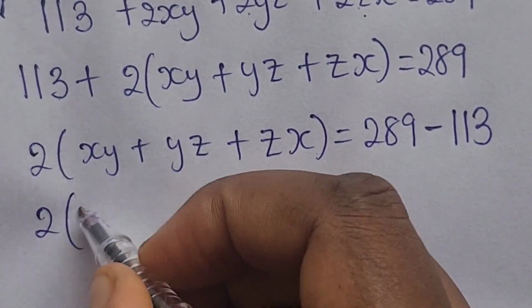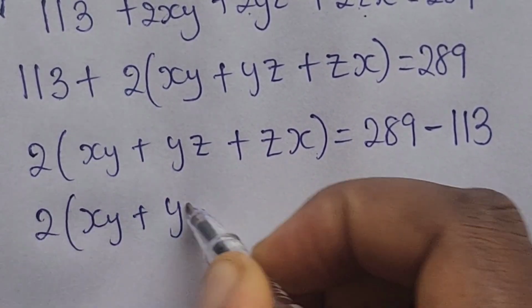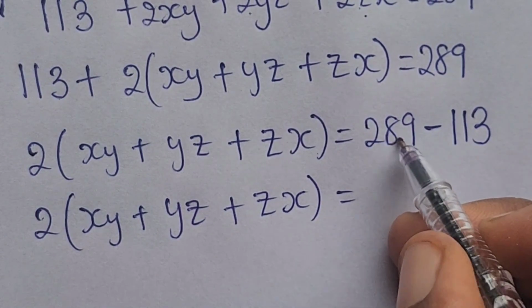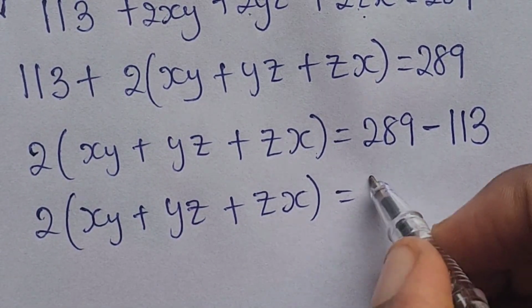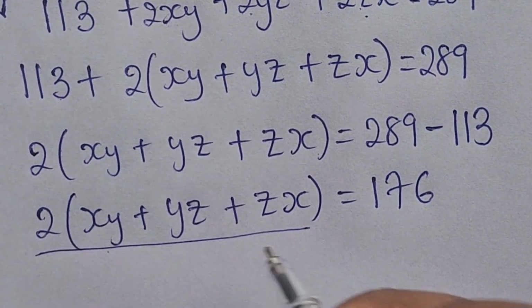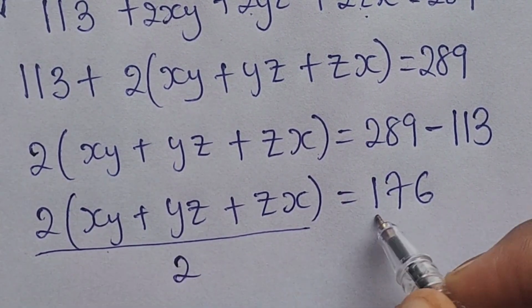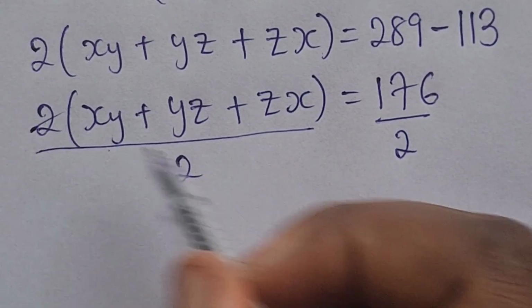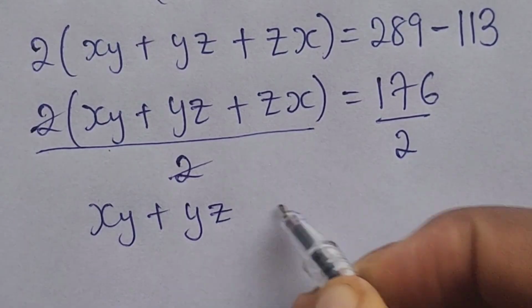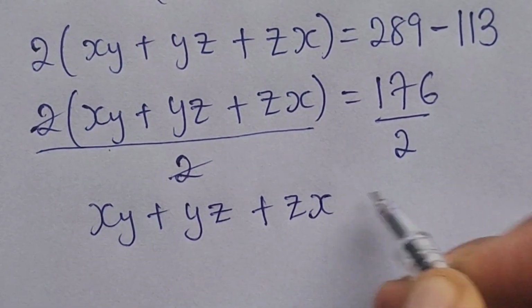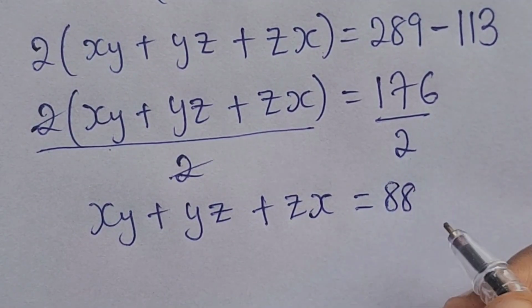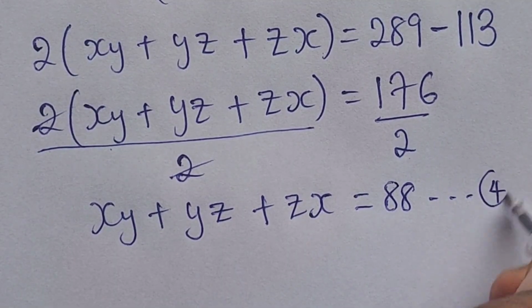So we divide both sides by 2. We have xy plus yz plus zx equal to 176 divided by 2, which is 88. We name this equation 4.